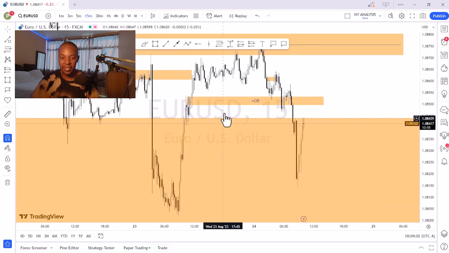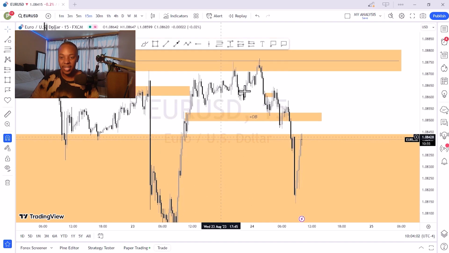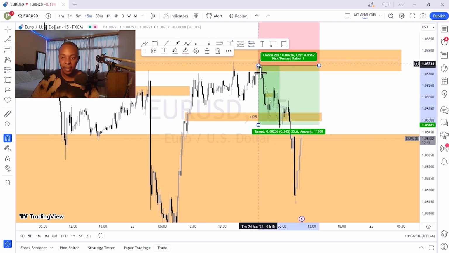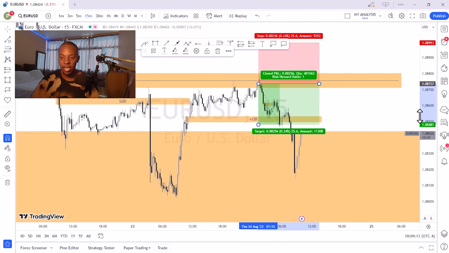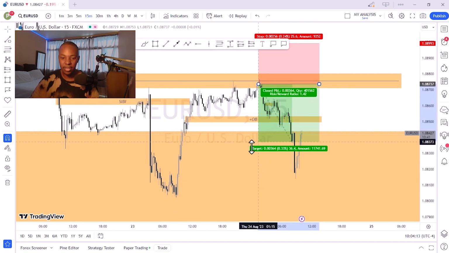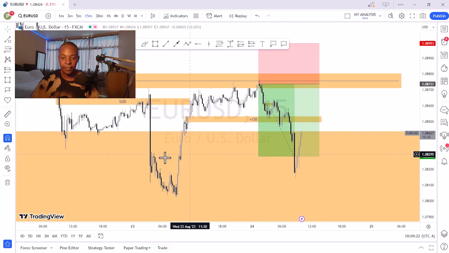So I did take a sell on the Euro USD, all the way from there, and I had put my TP on this order block here.